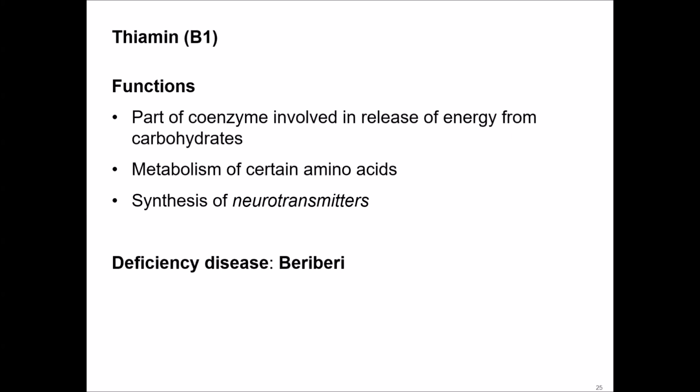And it helps in the production of chemicals that our nervous system uses called neurotransmitters. So again, it's very energy related. It's not energy itself, right? So we're not extracting ATP energy directly from vitamin B1, but instead it is involved in the pathway to release some energy from things like carbohydrates, glucose, because it's working as a coenzyme.